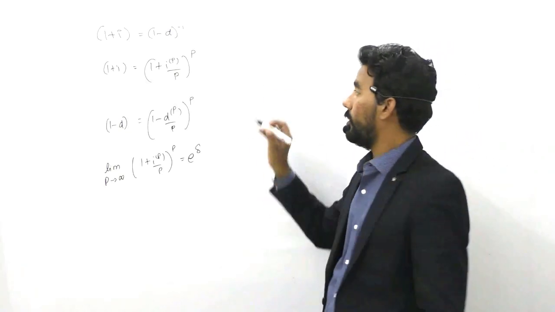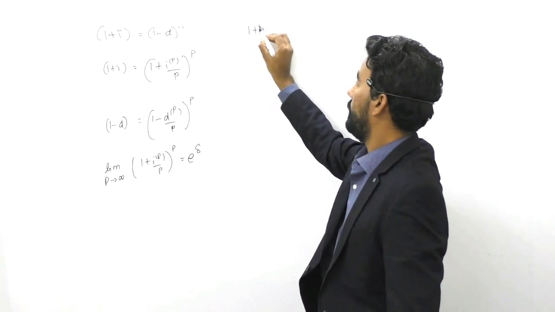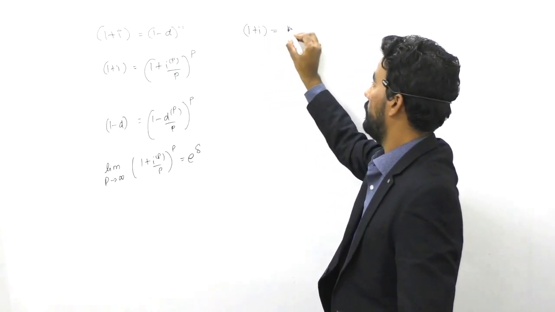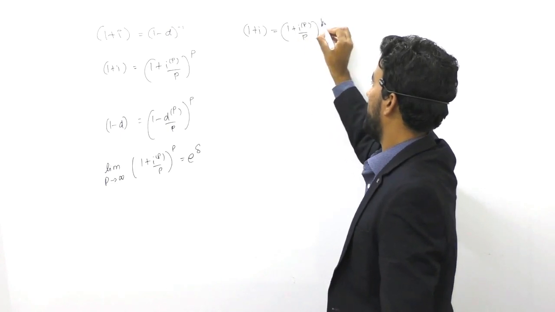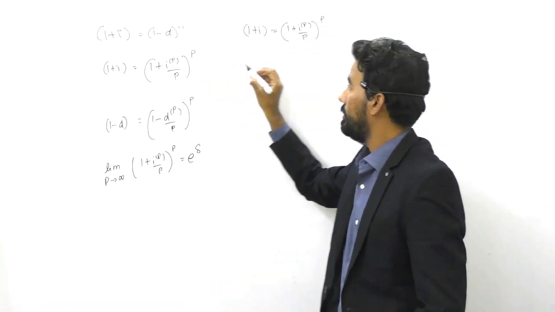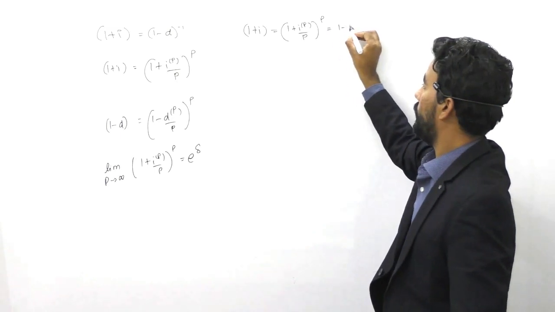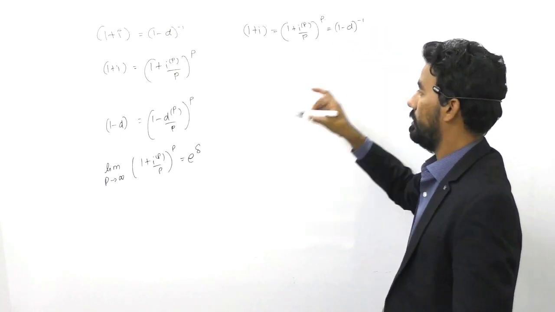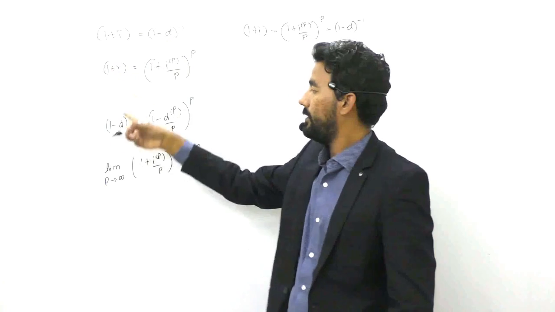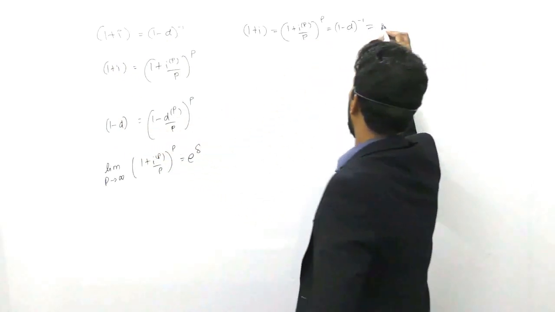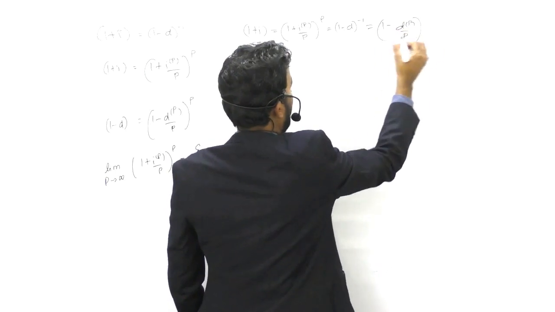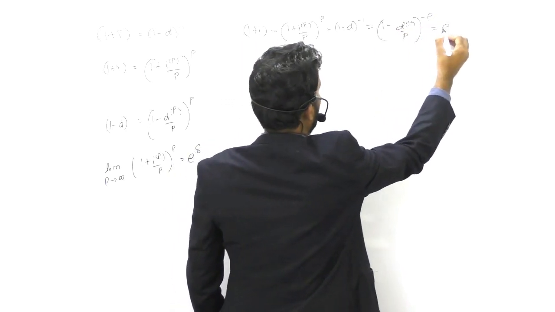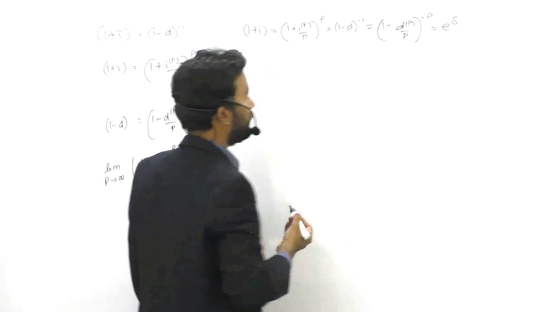So the accumulation factor using i is this, which was by default equal to 1 plus ip by p raised to p that we had written. I can say that this is equal to 1 minus d raised to minus 1. And hence I can say that this is also equal to 1 minus dp by p whole raised to minus p, which is also equal to e raised to delta.